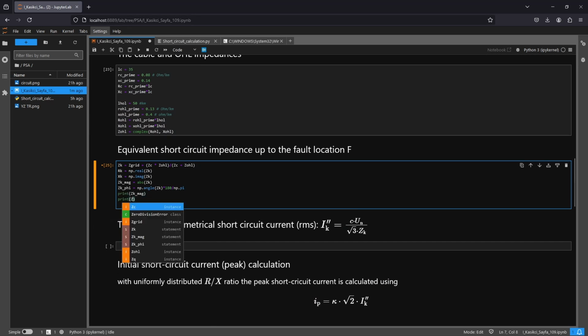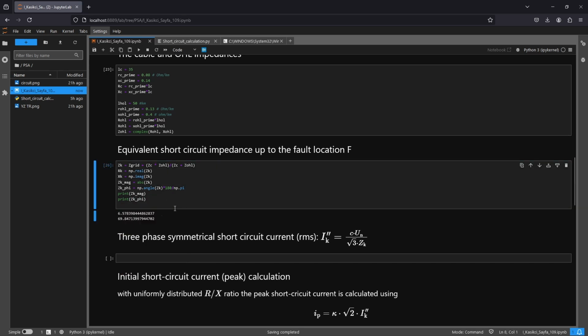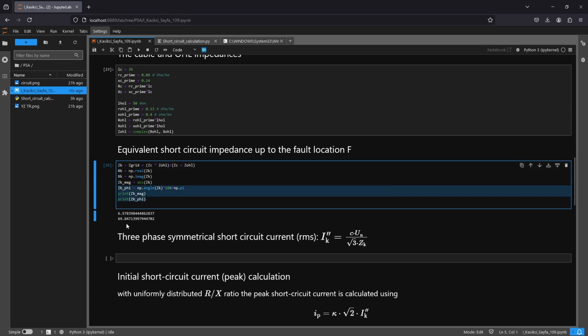Print ZK phi. If I have this value, let me quickly cross check if the values are correct. I also solved this problem by hand, so I'm quickly checking. 6.57, 69 degrees. Okay.